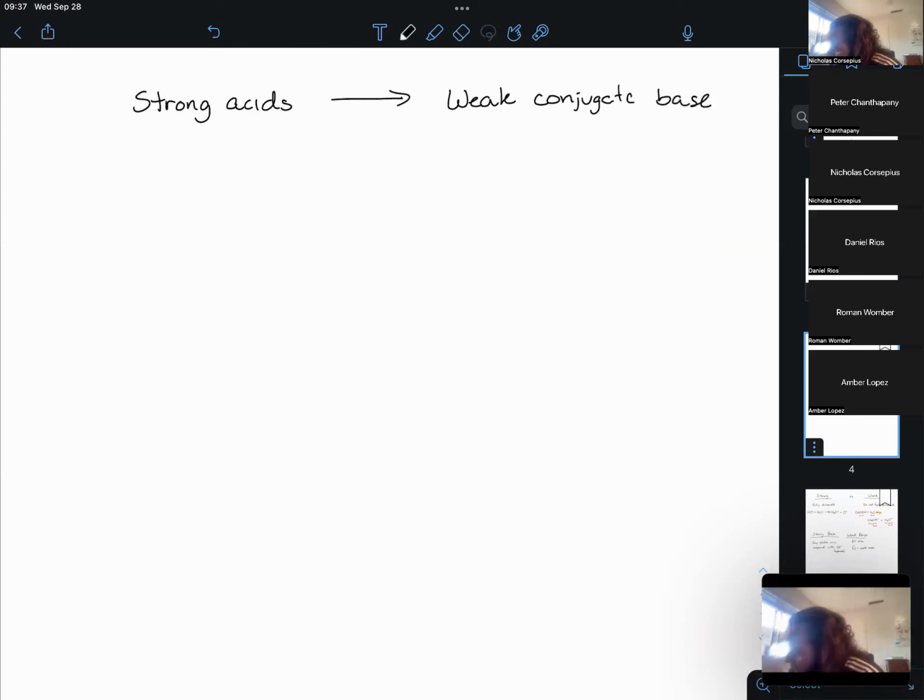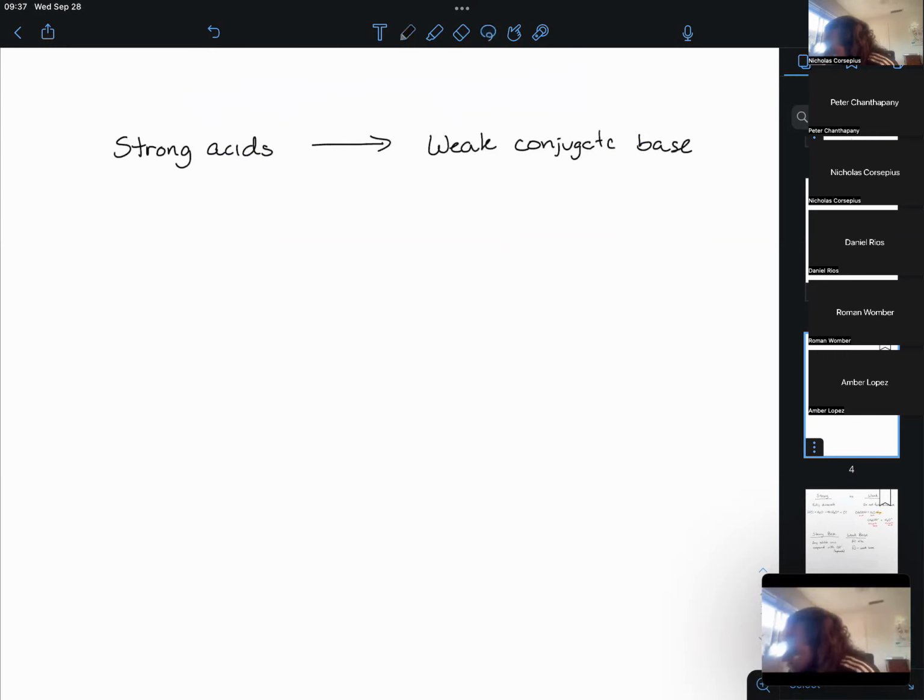And actually, let me just specify, not just weak, but very, very, very weak. So for example, HCl, the conjugate base, Cl-, chloride is an absolute trash base. It won't accept a proton if they're giving them away for free. All right. So this would be what we would call a neutral compound, meaning it doesn't have any effect on the pH.